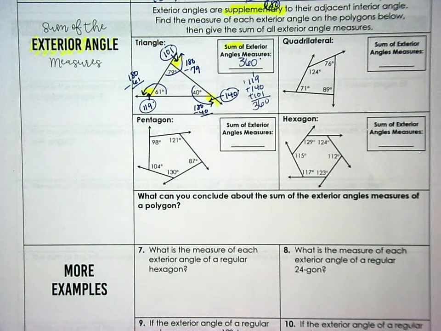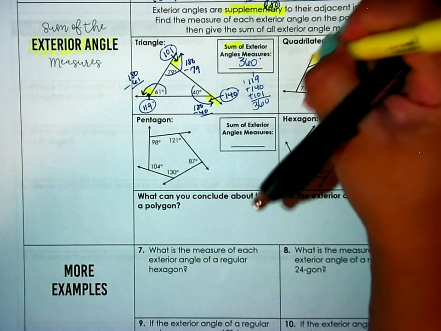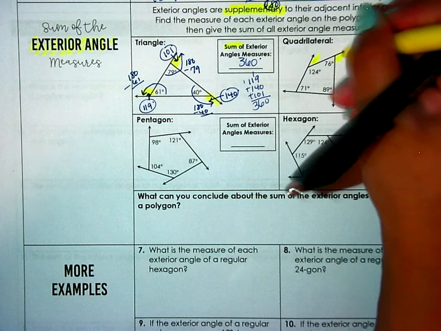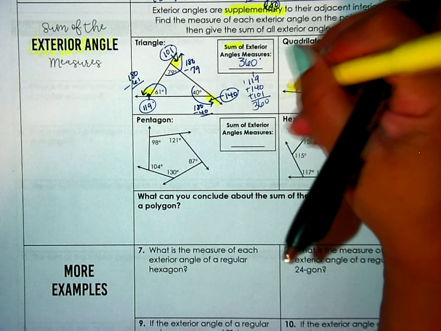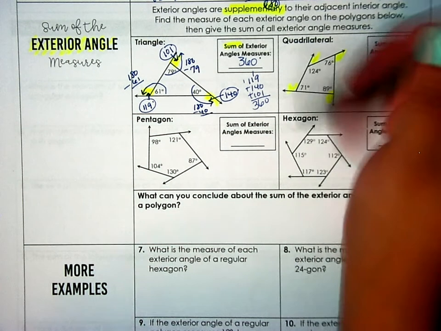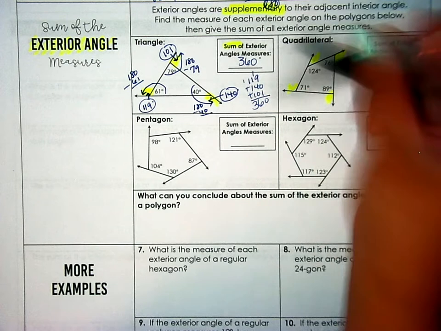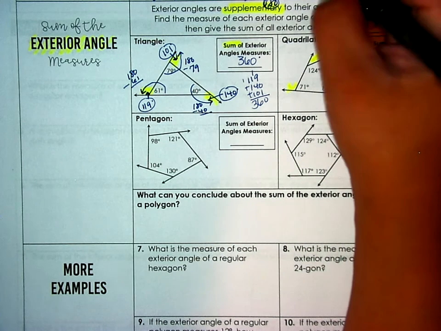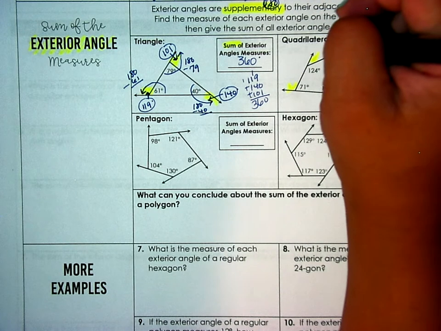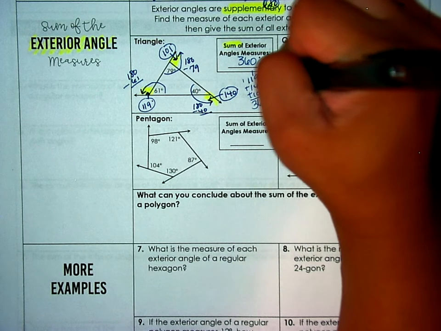Okay? We're going to move on to the next one and do the exact same thing. So here are the ones we're looking for on the next one. We've got this one, this one, this one, and this one. Now I'm not going to write out all of the steps. We're subtracting from 180, right? That's what we're doing. I'm just going to give you the numbers so it doesn't get too messy. This one's going to be 109.